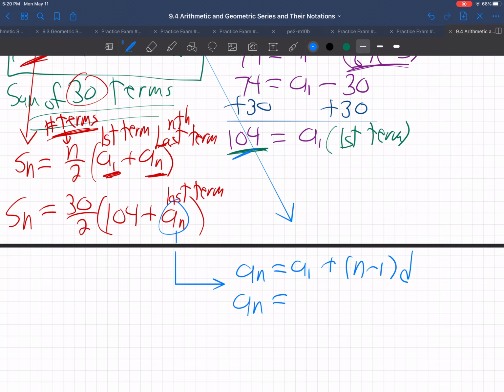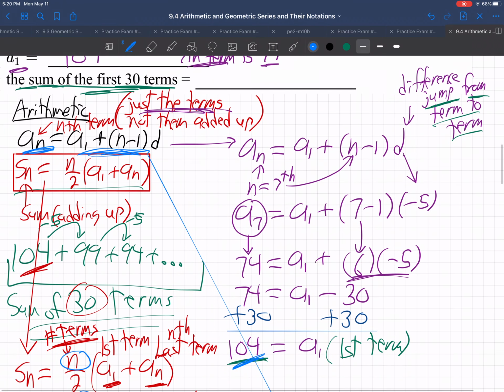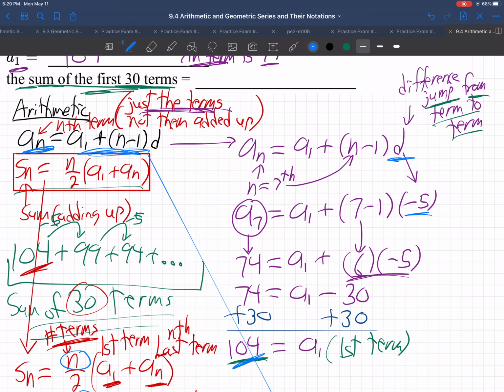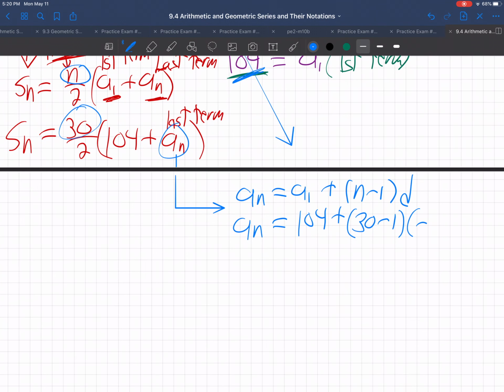Trying to find a sub n right here to finish off our problem. a1, the first term, got that, 104. Plus n, now what was n? N right here, 30. We're trying to find the 30th term. Times d, what's the d? The difference from term to term? The d is negative 5. Jump from term to term. Negative 5.